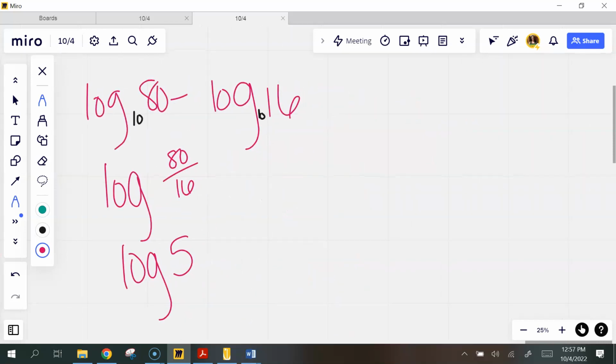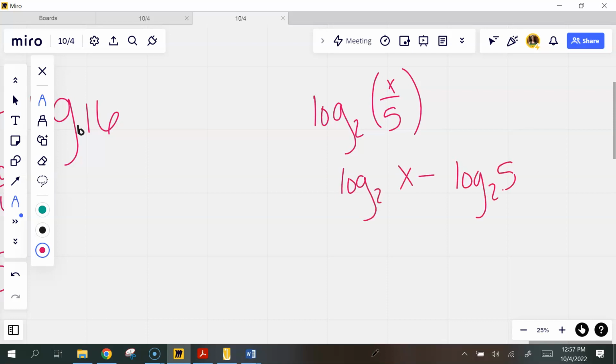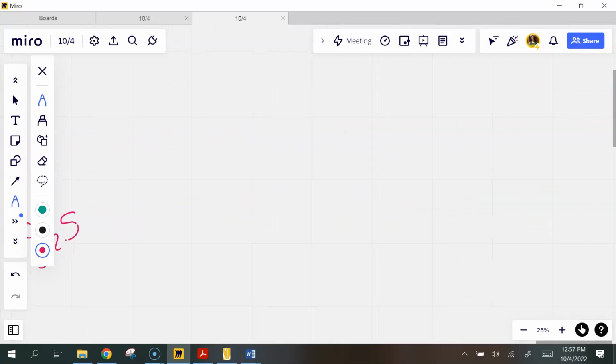Let's expand. What does this look like expanded? Questions on quotient property. Are we okay? Hope it's all coming back to you. Power property.